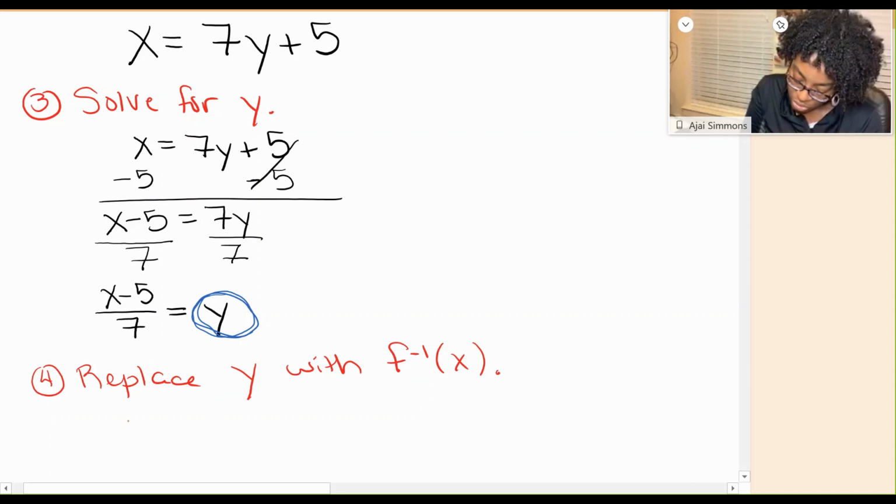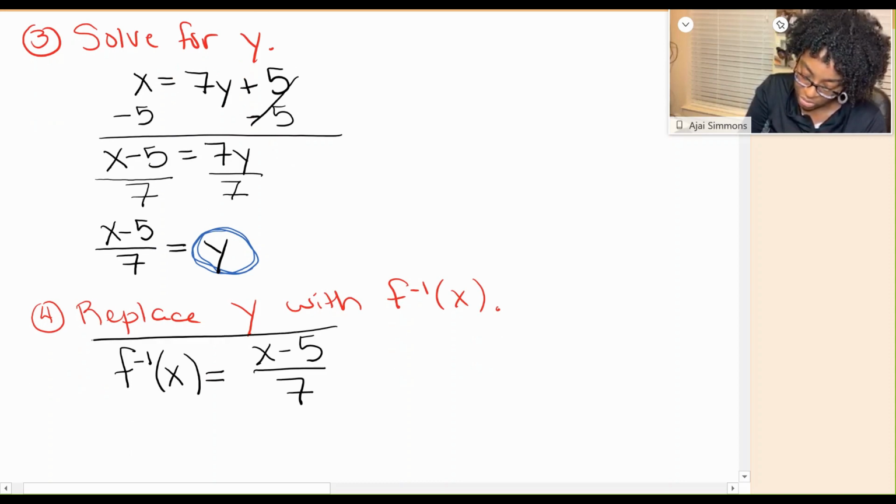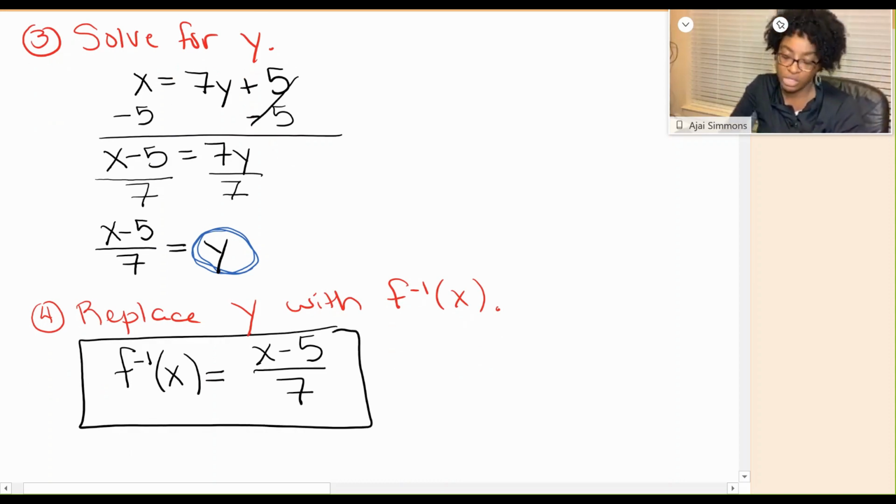I'm going to write this with the f inverse being on the left hand side. And this is basically your answer right here. This is the inverse of the original problem.